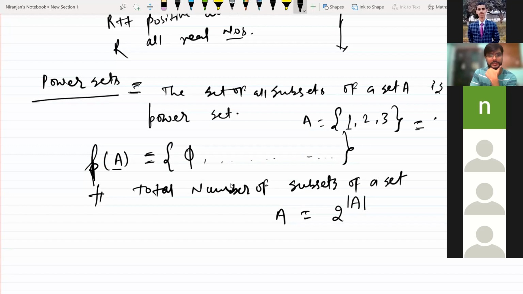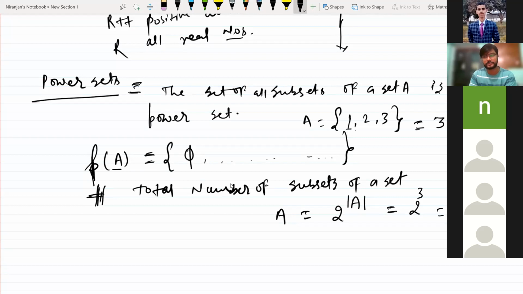This is a formula, guys. 2 cube. Who said 2? It's 3. Don't you remember the shortcut method that I said? Count the total number of commas. Or here it's easy, you can count the total number of elements, which is 3.